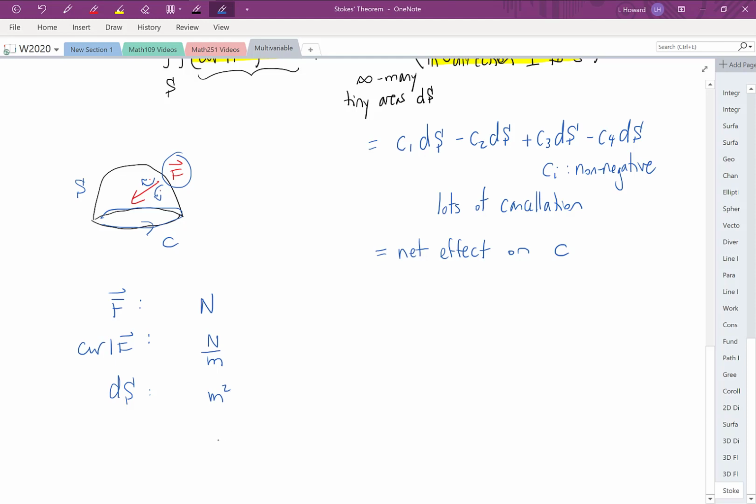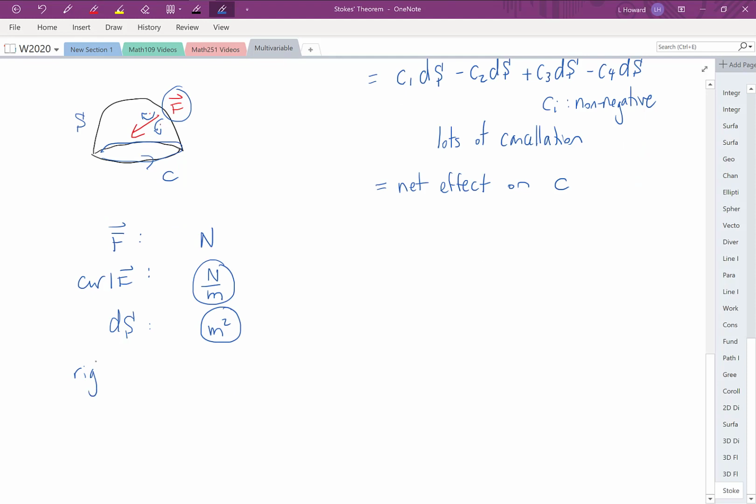So on the right side of Stokes' equation, we were taking basically the units of curl of F times the units of dS. So let's just say right side of Stokes' equation, newton meters. So that tells us what this net effect on C is. It's work. So it's the work done by our vector field, F, on C.